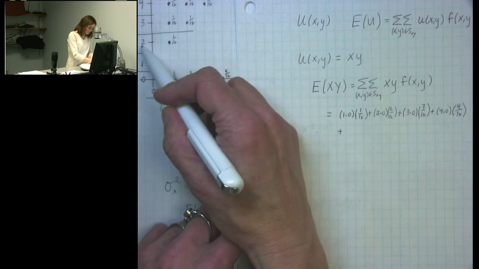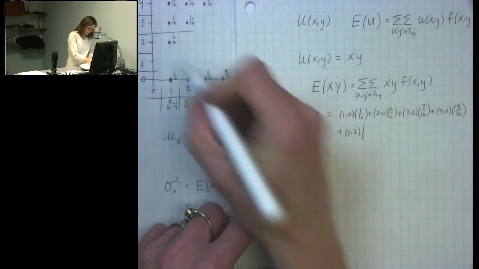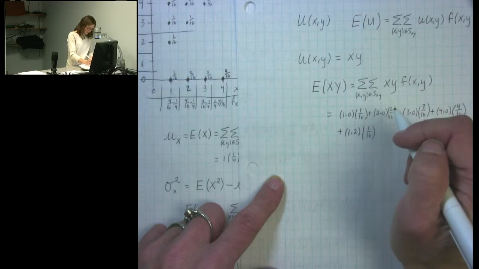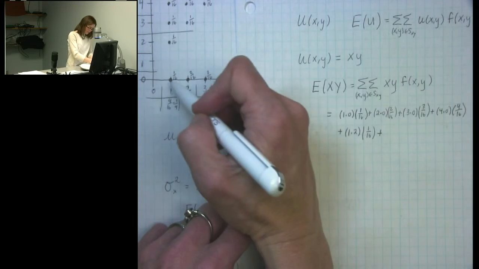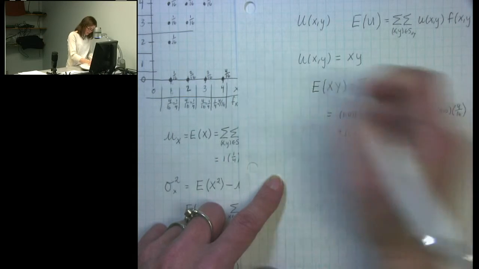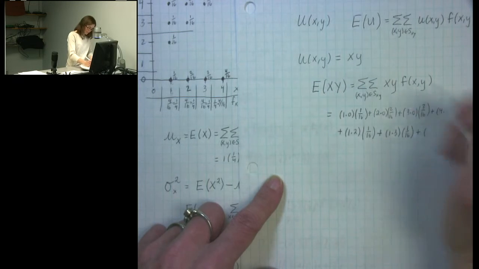Plus, here's my next value in support. That's x is 1, y is 2. So I take 1 times 2 times the probability mass function evaluated here, which is 1/16. Plus, go to my next point here, I've got 1, 3. So 1 times 3 times my f of 1, 3, which is 1/16, plus I've got 2, 3. X times y is 2 times 3. Probability of that pair is 1/16.